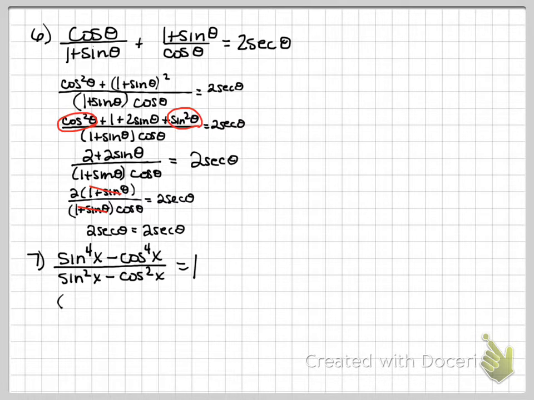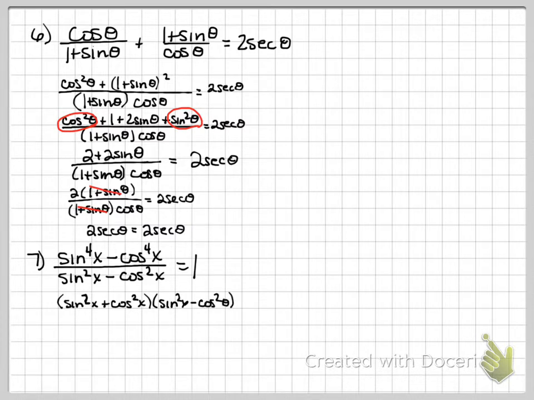So I'm going to just factor the numerator as a difference of squares. So sine squared x plus cosine squared x times sine squared x minus cosine squared x.